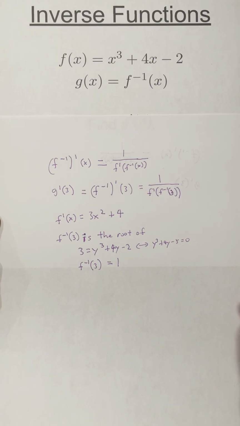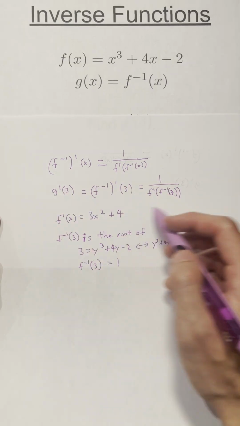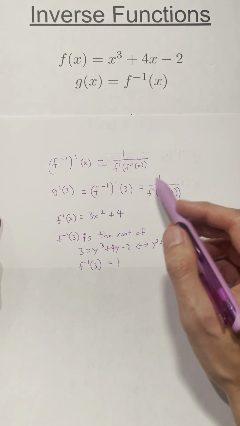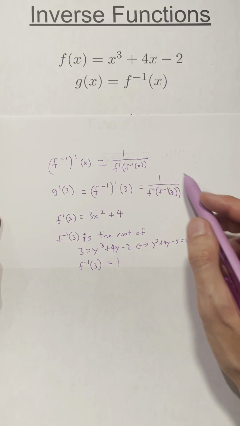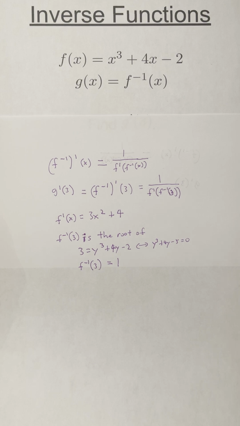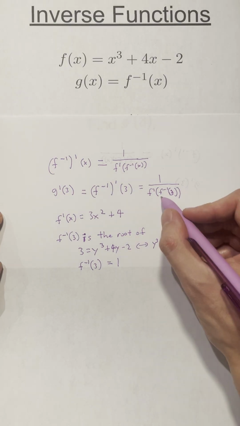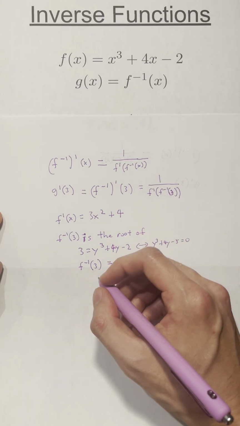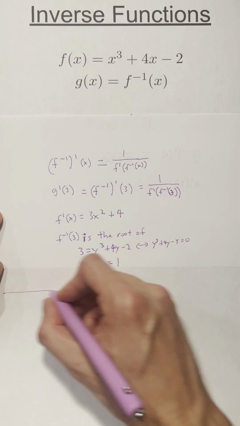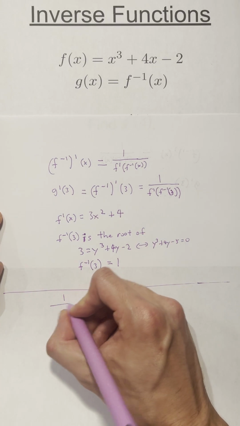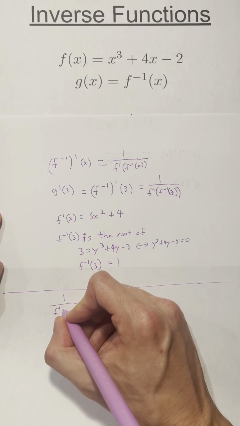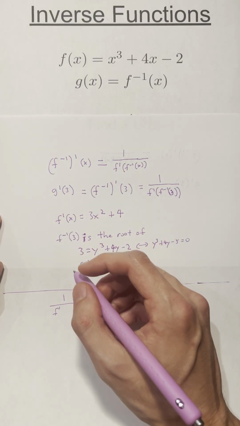All right, so can we finish this problem off now? Can we plug what we have here into this? Yes, we can. So let's go ahead and change this to 1. So 1 over f prime, let's just write it like this.